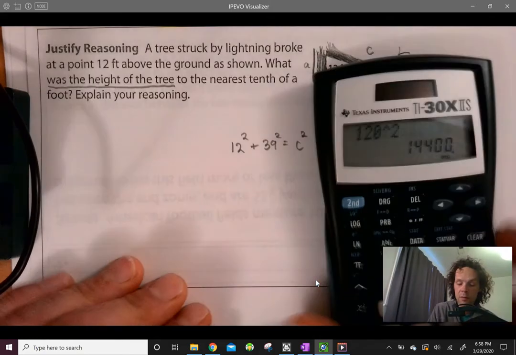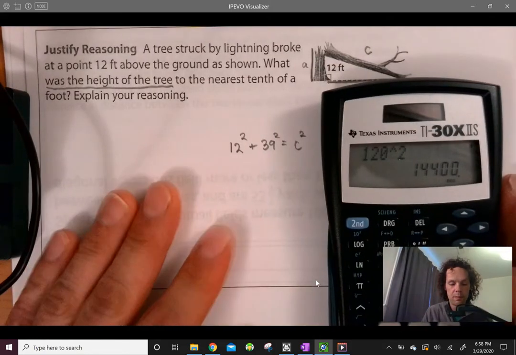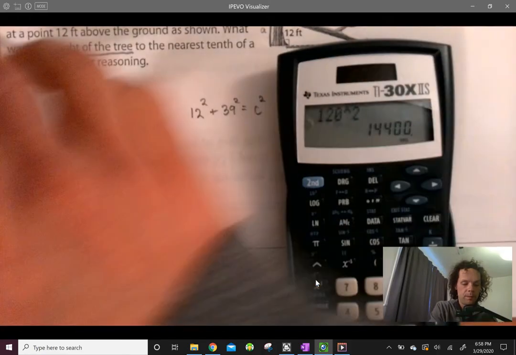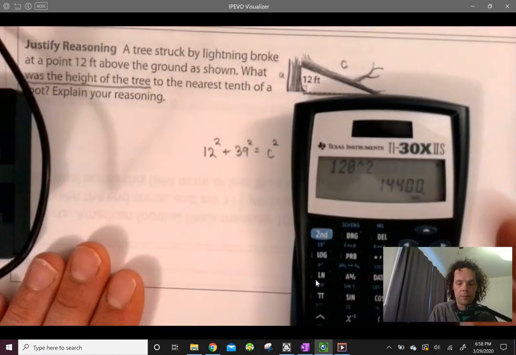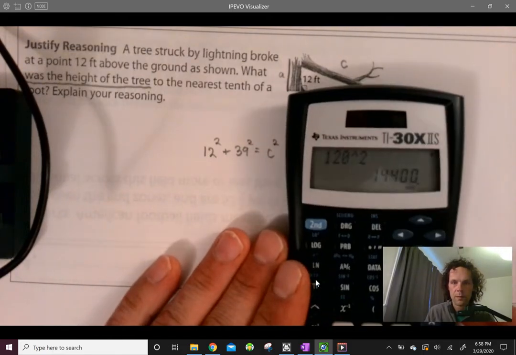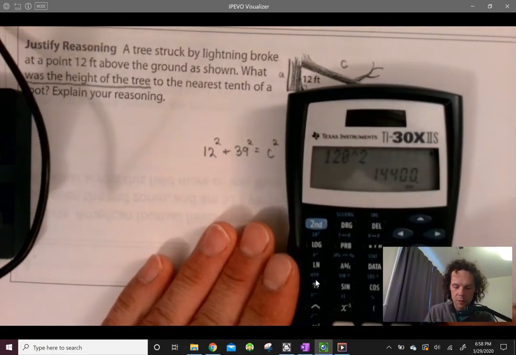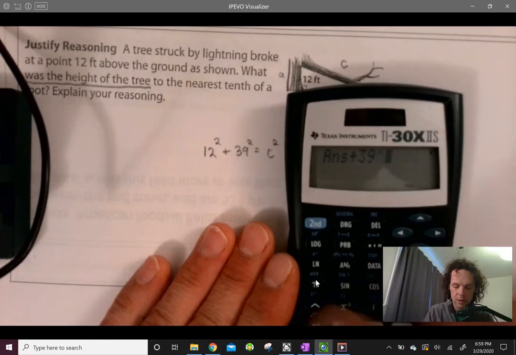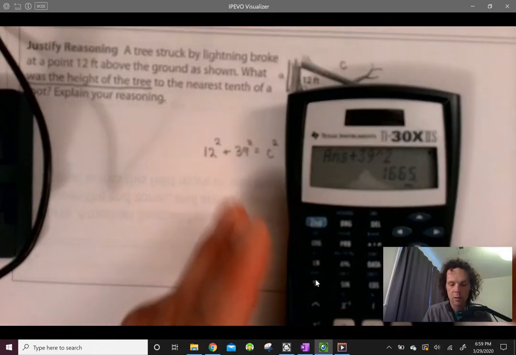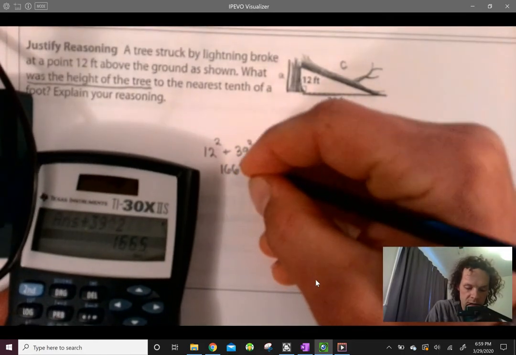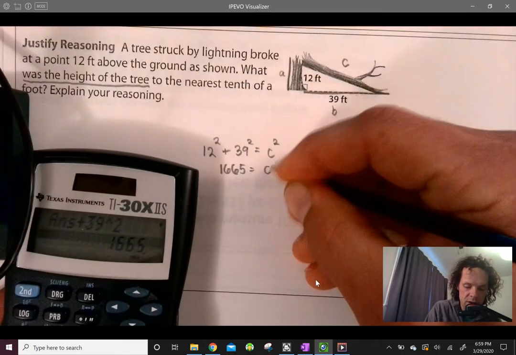Let me just grab my little pocket computer. And I'm going to do 12 to the second power plus 39 to the second power equals 1,665. 1,665 equals C squared.